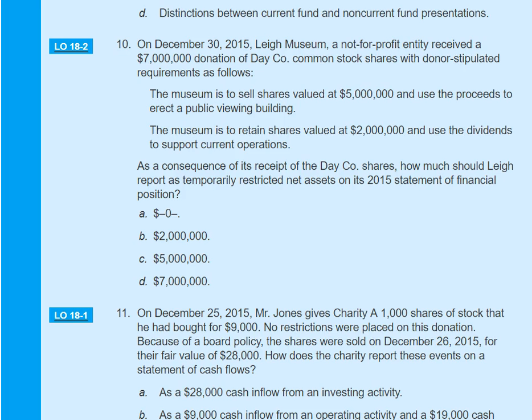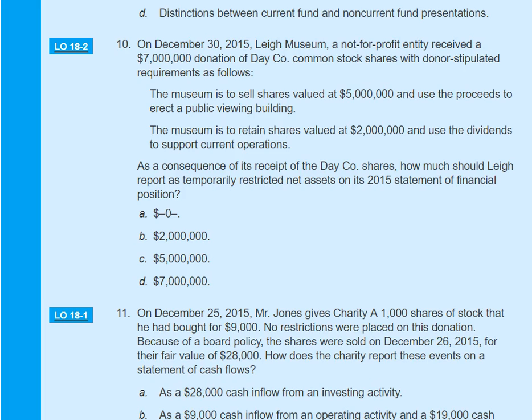Now let's see some other problem. Problem number 10. Yeah, we see some big numbers here. So let's read the problem together and then we'll go over it. It says that Leigh Museum received a 7 million donation in the form of common stocks, it doesn't matter, but there are some conditions.